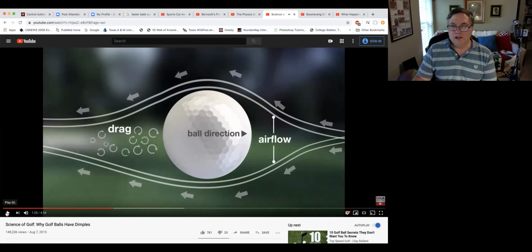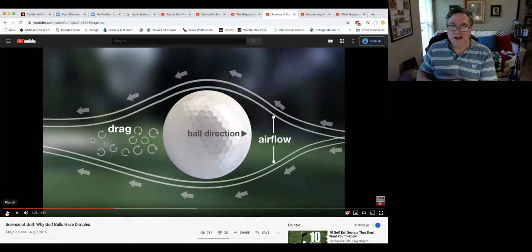If a ball isn't spinning or rotating, there's a lot of drag behind it. Think about a boat going through the water. But if the object starts spinning, then it reduces the amount of drag, which creates a smaller pressure difference across it, and it's going to slow the ball down less in the forward direction.